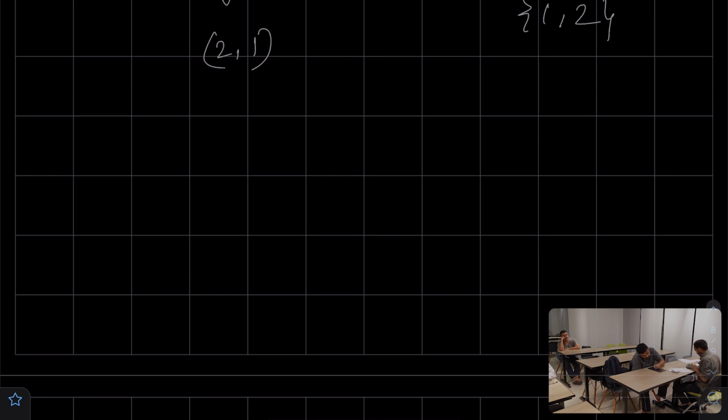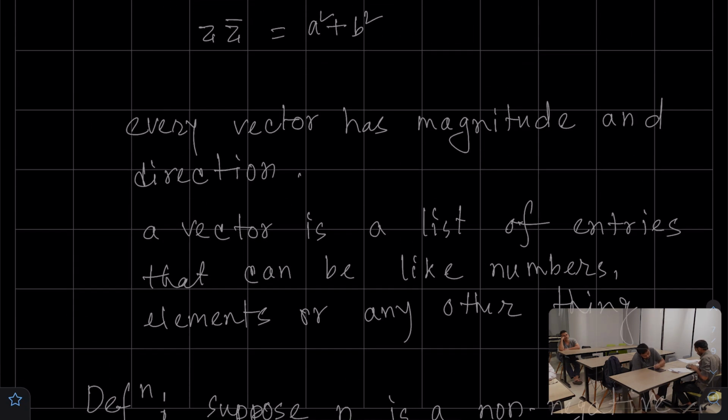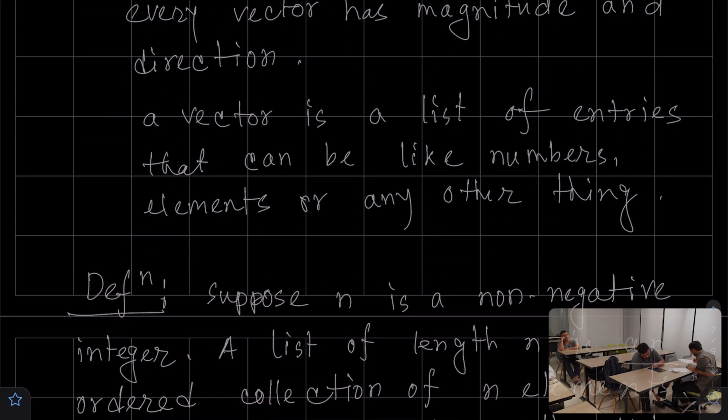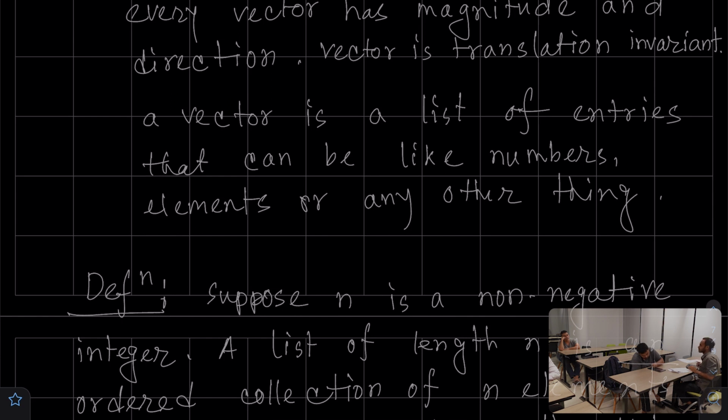So now there is another thing that physics people consider: a derivative and vector is translationally invariant.